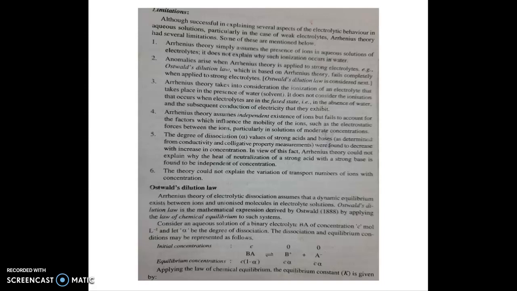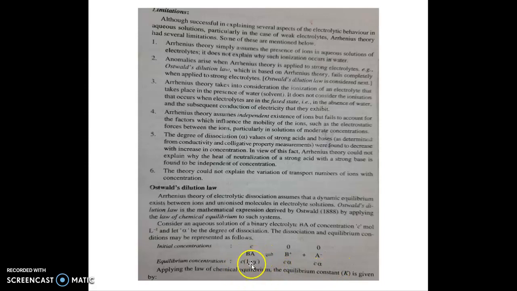After dissociating, it forms B plus and A minus ions. Assuming alpha is the degree of dissociation, at equilibrium the concentrations of B plus and A minus will each be C into alpha.